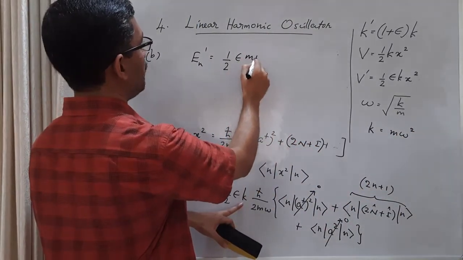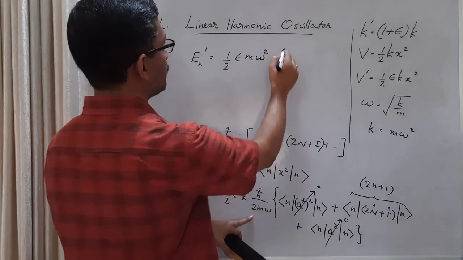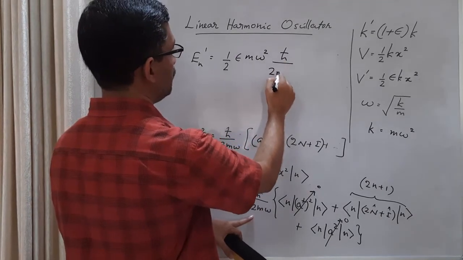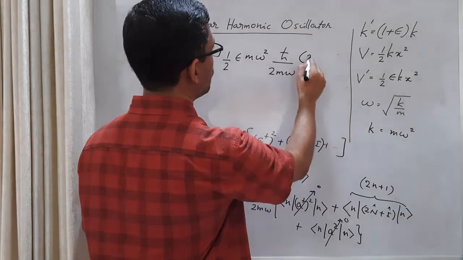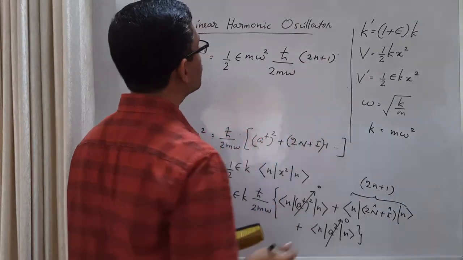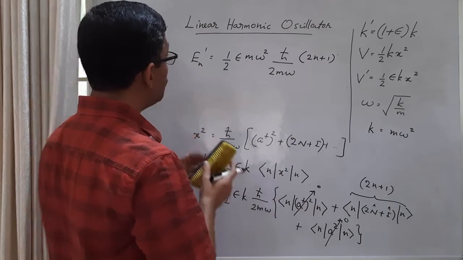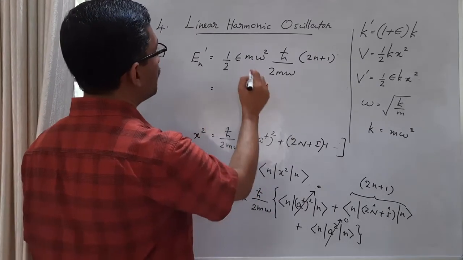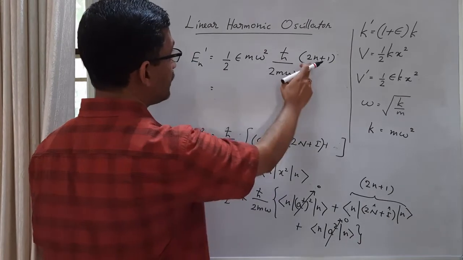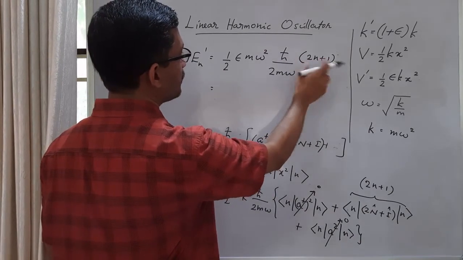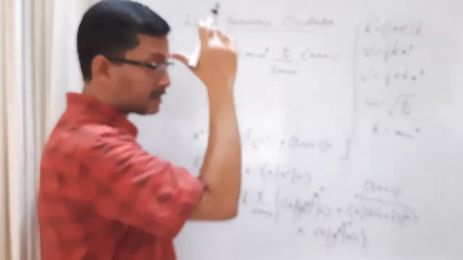Instead of k, we have m omega square, then h cross by 2m omega, right? And this curly bracket will yield 2n plus 1. Okay? So what you get is, m will cancel. I will take a 2 outside from here, in order to compare with the exact result.